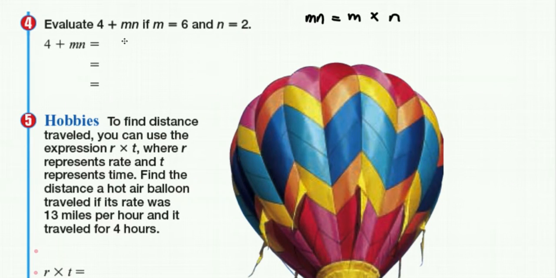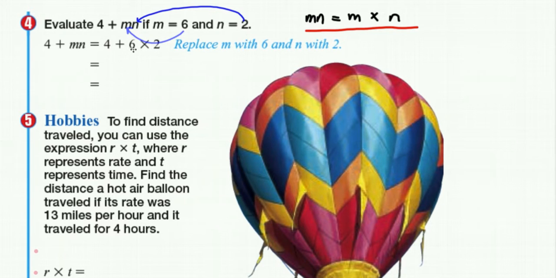Evaluate 4 plus mn, if m is equal to 6 and n is equal to 2. And from what we've learned, mn is equal to m times n. So if we substitute the value of m, which is 6, and the value of n, which is 2, where we move this 6 to that m and this 2 to that n, this is what we get: 4 plus 6 times 2.